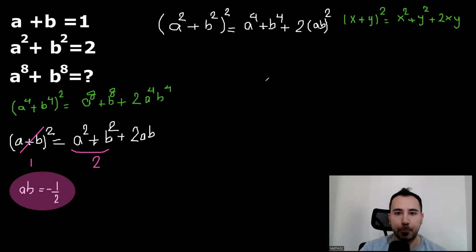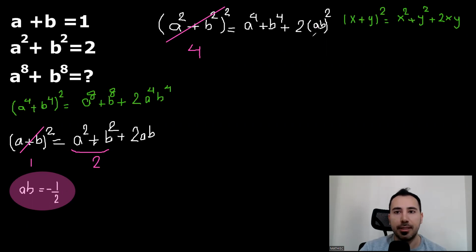Now, let's see. This is the same as this. So instead of this, we'll have 2 and 2 to the second power, so all of this will be 4. And now we also have ab, which is going to be negative 1/2. Negative 1/2 squared is 1/4, times 2, 1/2.